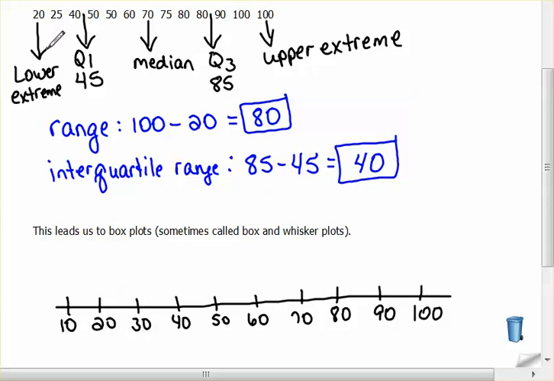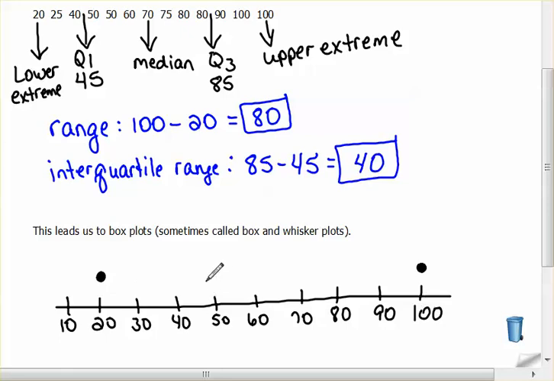Okay, my lowest extreme was at 20, so I'm going to put a dot there at 20. My upper extreme was at 100, so I'm going to put a dot there at 100. Now the interquartile area, we draw a box. It's the lower and the upper extremes that form the whisker part of the box and whisker plot.